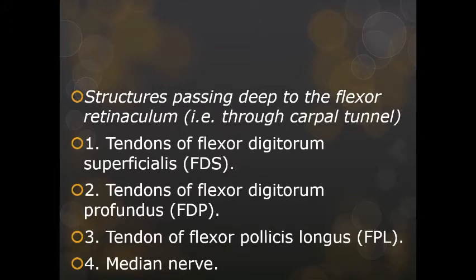These are the four structures passing beneath the flexor retinaculum. So for the carpal tunnel, you have to remember these four structures: the tendons of flexor digitorum superficialis, the tendons of flexor digitorum profundus, the tendon of flexor pollicis longus, and the median nerve.